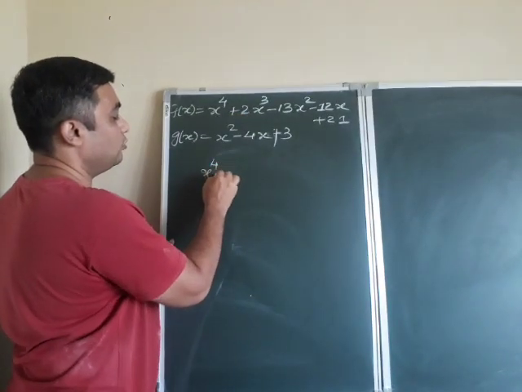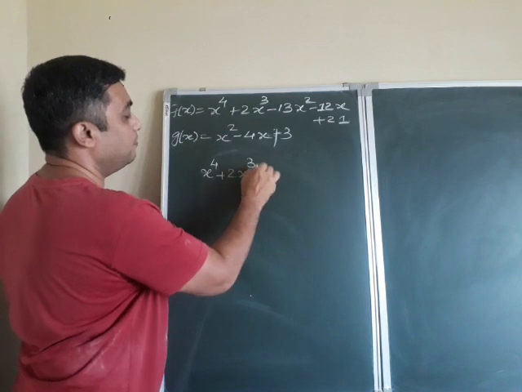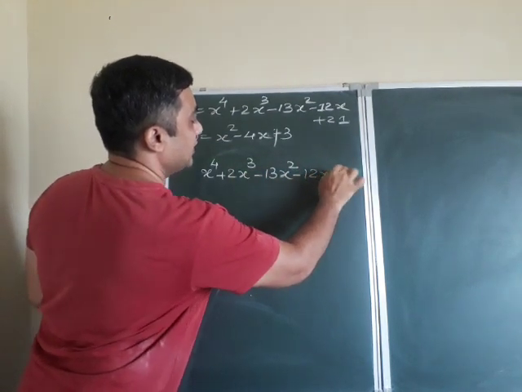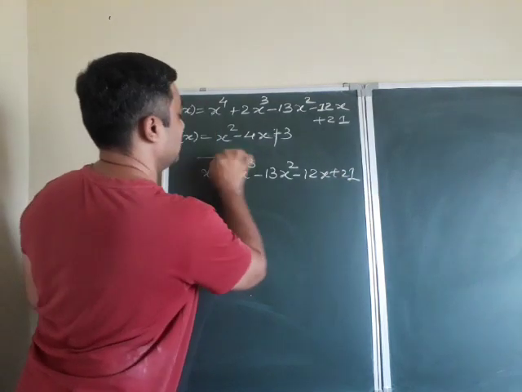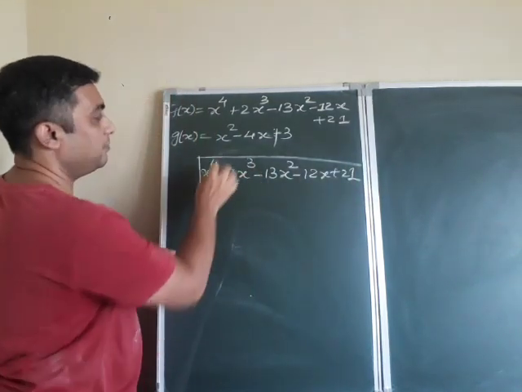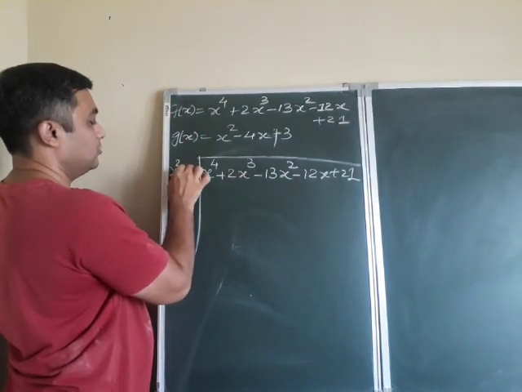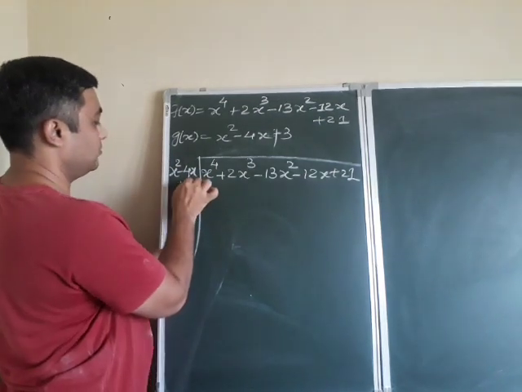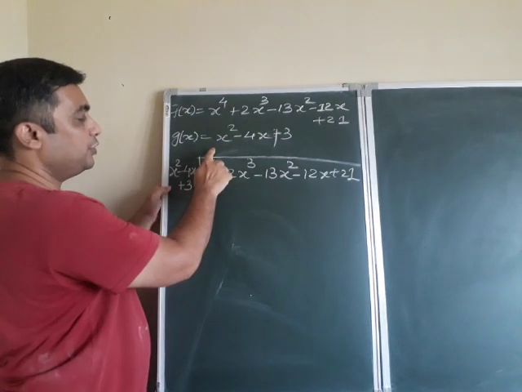So see, like we start. X raised to 4 plus 2x cube minus 13x square minus 12x plus 21, and this is divided by x square minus 4x plus 3. Now here you insert the number.